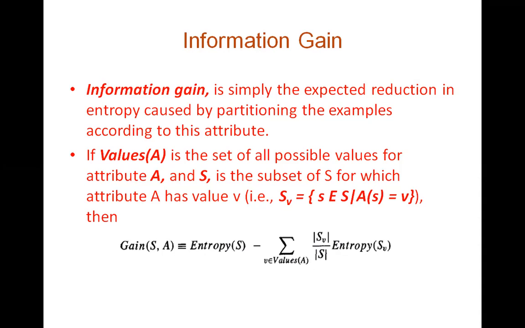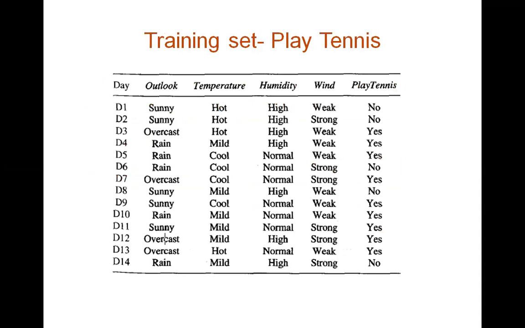For our training data, tomorrow I will show you how to calculate the entropy and how to calculate the gain for these particular attributes. Is it clear? In the exam, definitely there will be a question on decision trees.